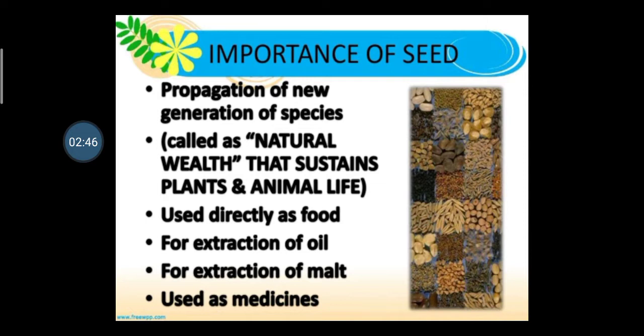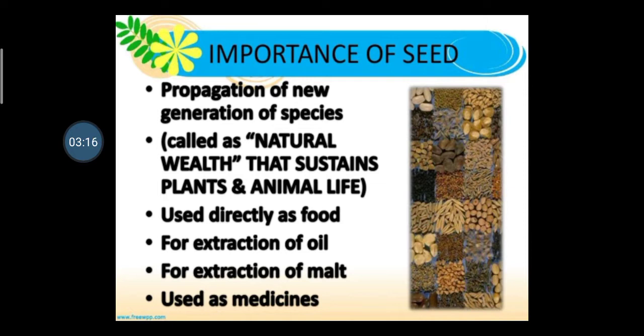Third point is seed is consumed as a food like pulses, gram, peas. So seeds are also consumed as food. Fourth point is seed is used in the extraction of oils like groundnut oil, coconut oil, almond oil, sesame oil. These are all extracted from the seeds.